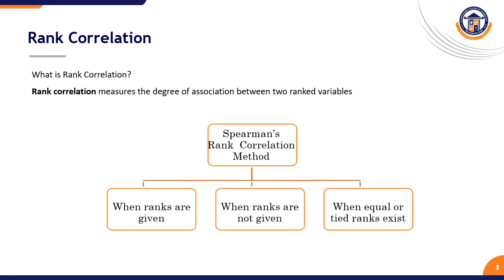One is when ranks are given directly. Second is when ranks are not given directly. Third is when equal or tied ranks exist. In this method, ranks are allotted to each item either in ascending or descending order.